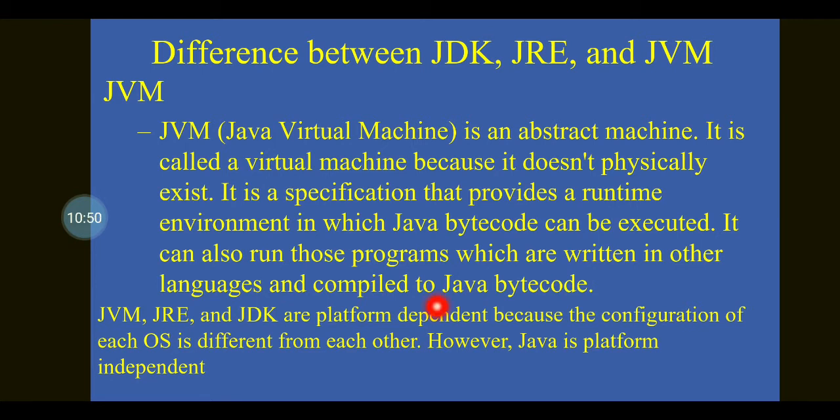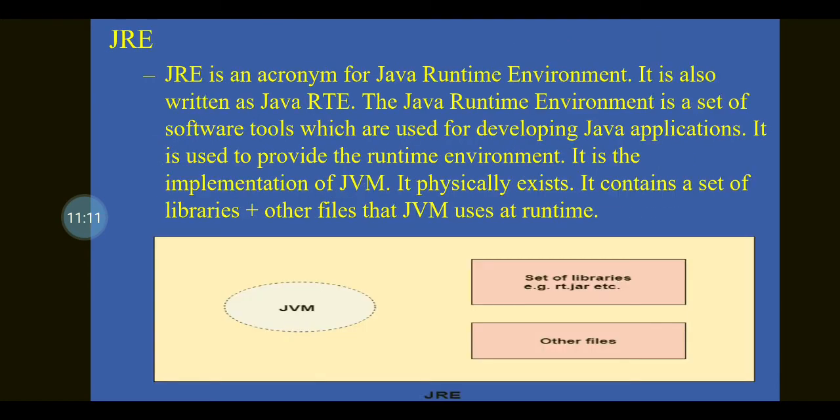We have to remember JVM, JRE, and JDK are platform dependent because the configuration of operating system and architecture of the system is different from each other. But Java is platform independent. JRE means Java Runtime Environment. It can also be written as Java RTE. RTE means runtime environment.